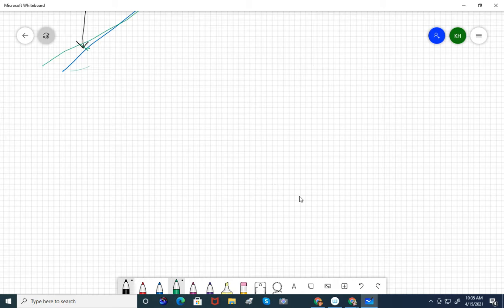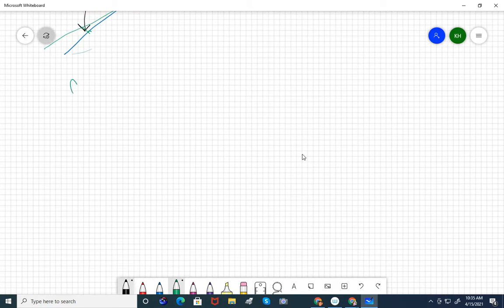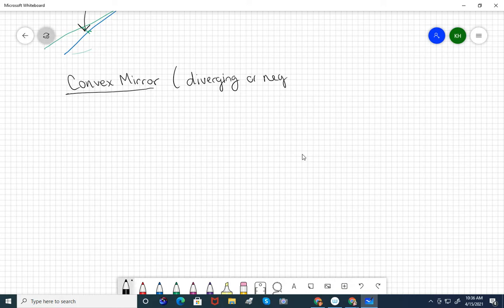Okay, the other type of mirror is the convex mirror. These are sometimes known as diverging or negative. If you have a convex mirror, it bulges out.